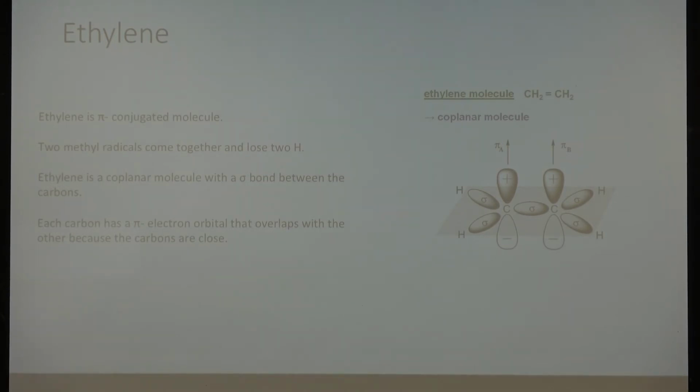So will the orbitals never be hybridized? Well, what is the hybridization here? There's going to be three sigmas per carbon, right? 1, 2, 3, and 1 pi.